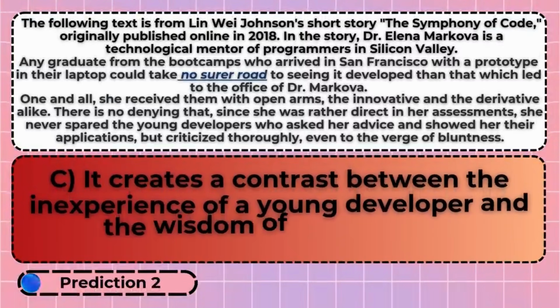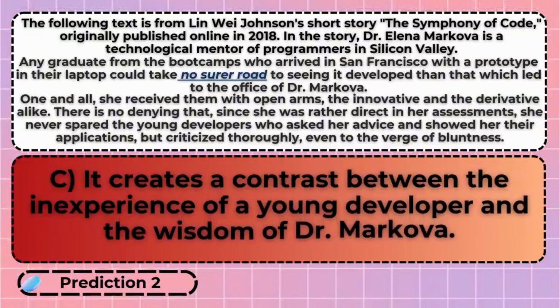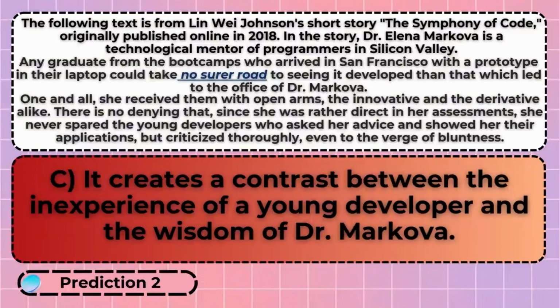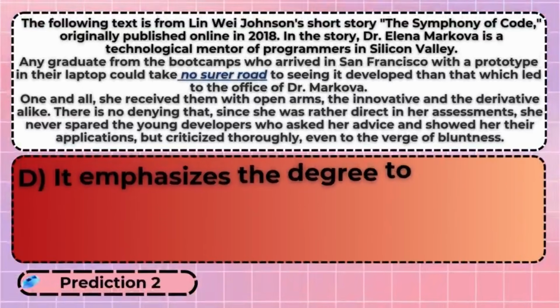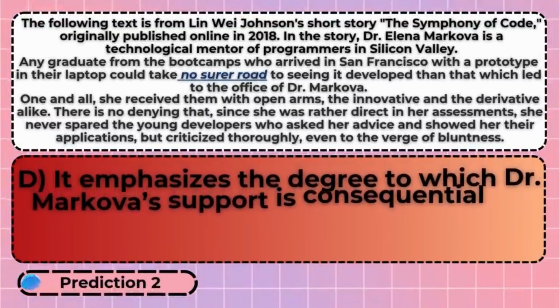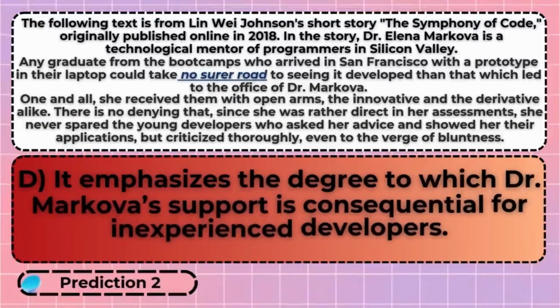Choice C creates a contrast between the inexperience of a young developer and the wisdom of Dr. Markova. This might sound good, but that's not what this sentence does. It's saying she's the best path to succeed. It's not comparing her experience to theirs. Choice D: it emphasizes the degree to which Dr. Markova's support is consequential for inexperienced developers.